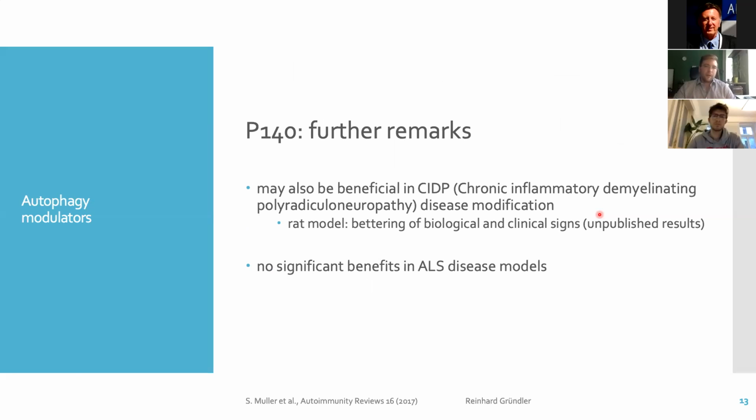And they have also tried it against the amyotrophic lateral sclerosis model in mice, but it doesn't really show an improvement. And I think this is really important to know that, as I see it, the current state of knowledge is not that we can definitely say that autophagy is really the main factor that causes these diseases, but it's rather a part in a pathway, but it's a really important part.